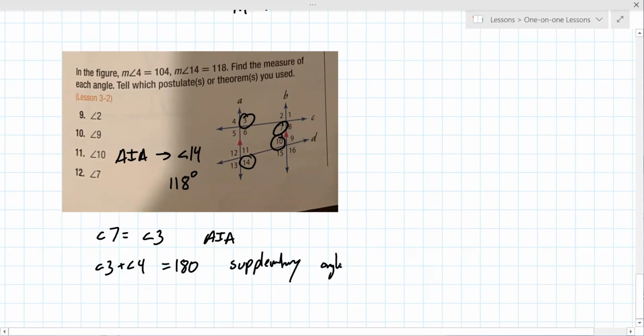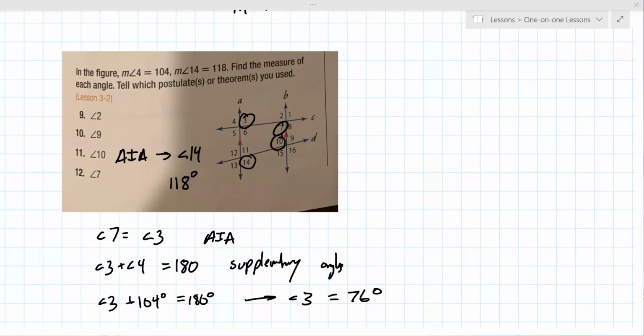So angle 3 is not known, but angle 4 is 104 degrees. They add up to 180 degrees. That means that angle 3 must be 76 degrees. Is that clear? Yeah.